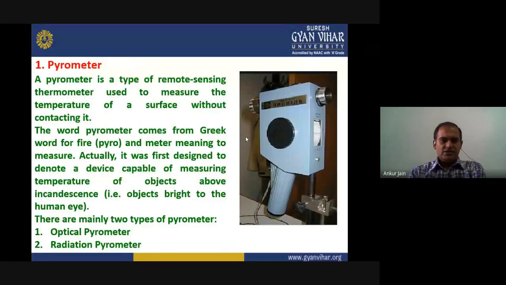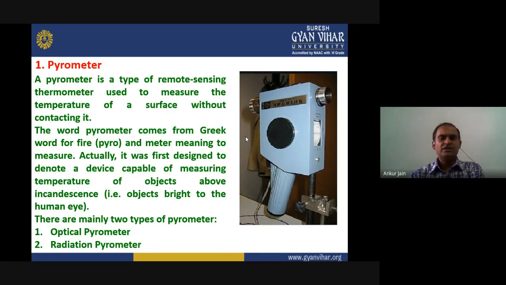So let us start with the first topic of today's lecture, that is pyrometer. What is a pyrometer? If you consider the word pyrometer, it is made of two different words. One is pyro, whose origin is from the Greek civilization, and the meaning is fire.